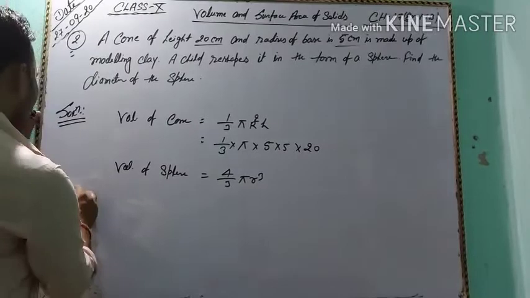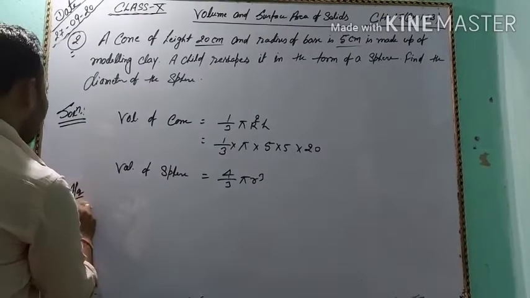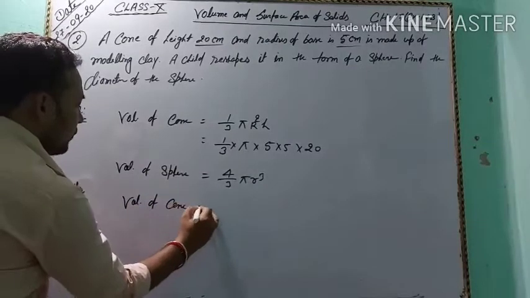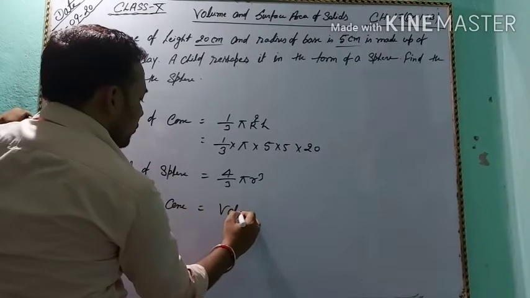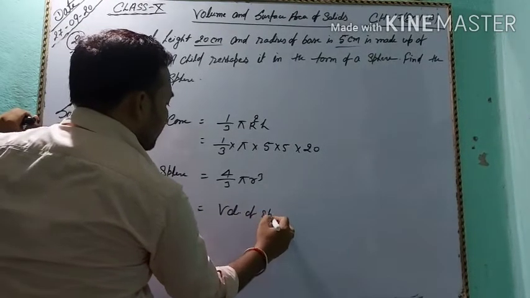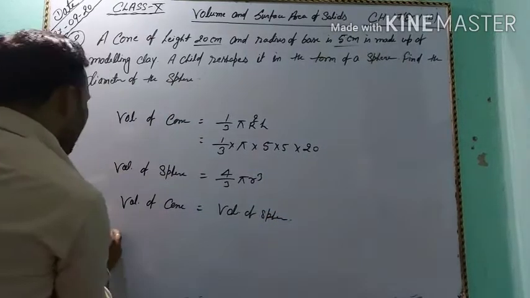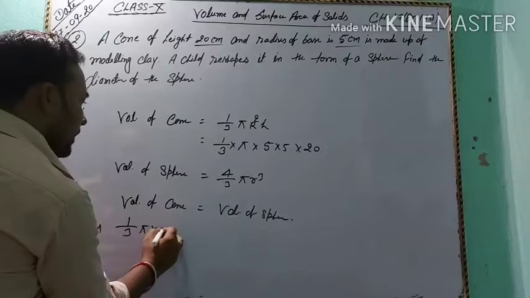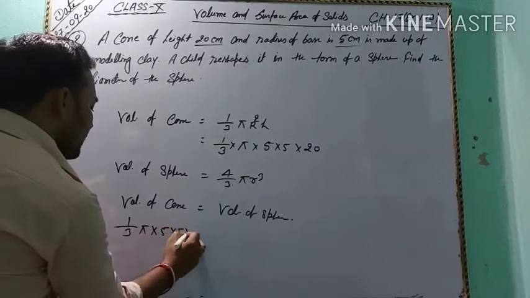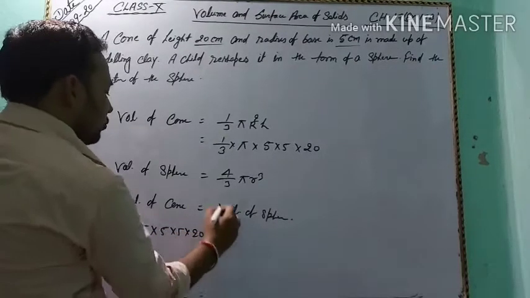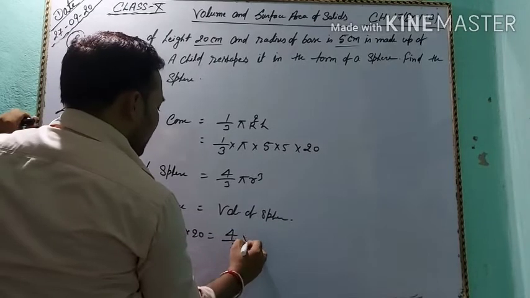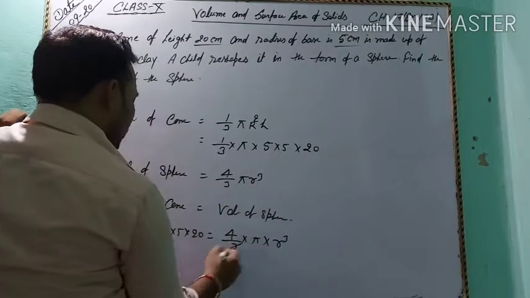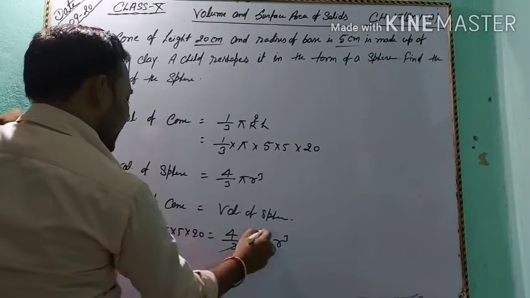So volume of the cone, 1/3 pi multiply 5 multiply 5 multiply 20, is equal to 4/3 multiply pi multiply r cube. So 3 is cancelled, pi is cancelled.